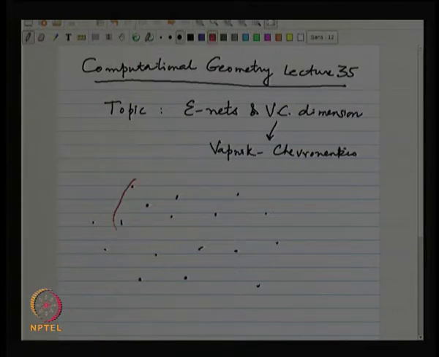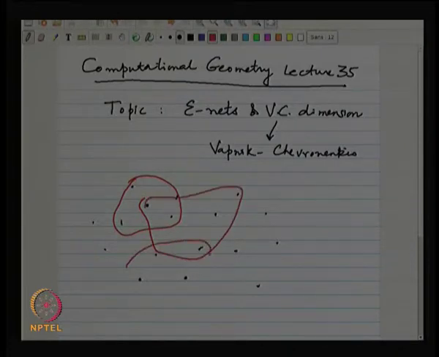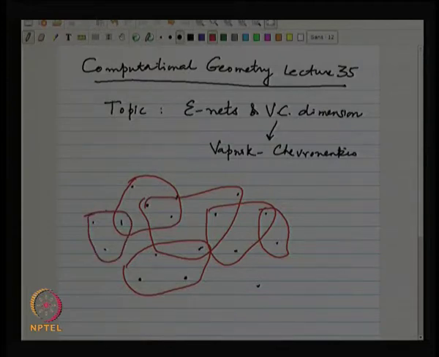Let me mark this out. This could be one subset, this could be another subset, this could be another subset. The subset system and hypergraph are basically the same thing. So there are all kinds of subsets, or you can say maybe interest groups of the population.